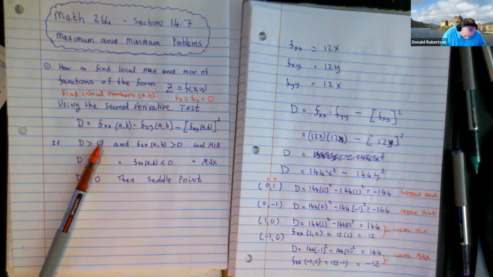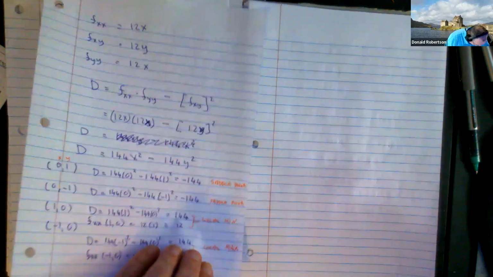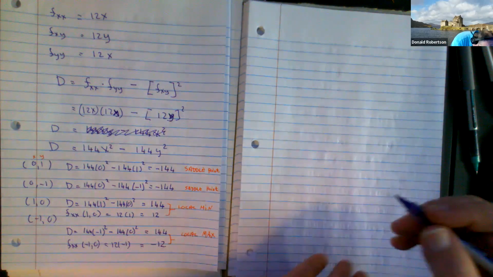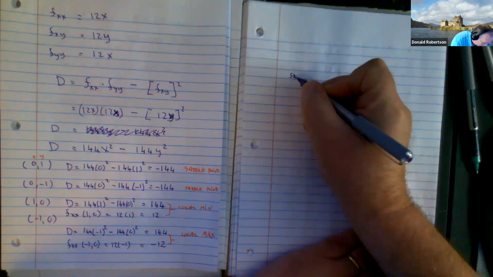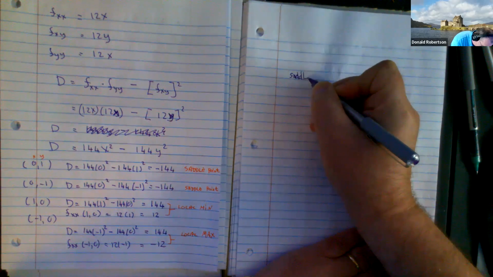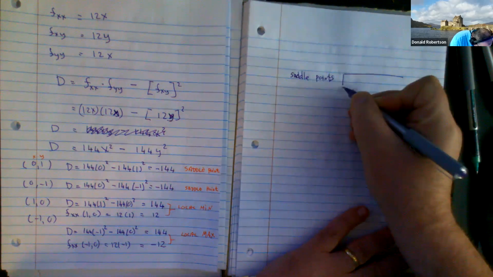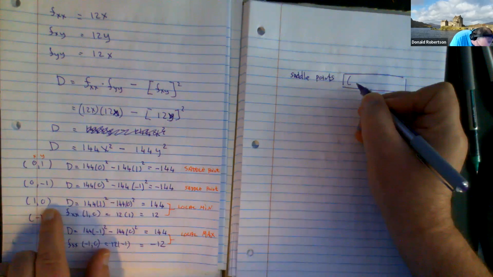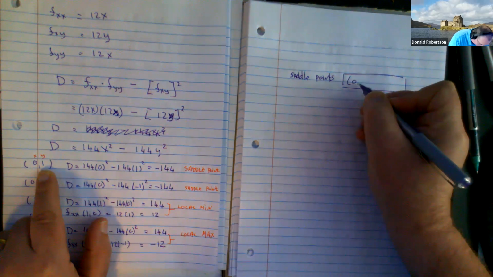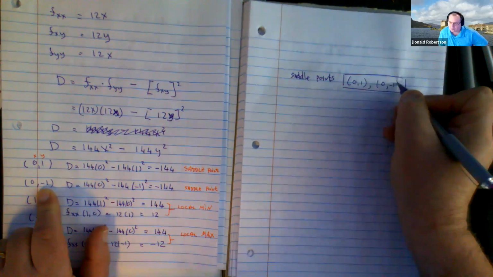Right. Now I'll show you an idiosyncrasy of WebAssign. It asks us to write down saddle points. And in saddle points, in that box, you put the coordinates of the 2 places, that point, comma, and that point, which is exactly what I would have expected.